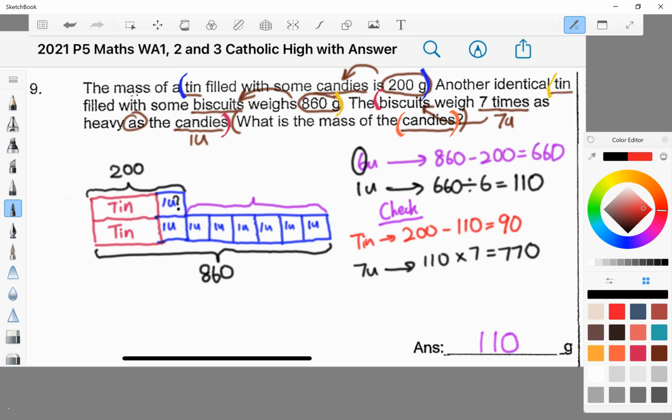And now, for the moment of truth, to find the tin, it will be 860 minus away 770. If I can get back 90 as my answer, I know that my answer for this question has got to be correct. Yes, indeed, I managed to obtain 90 for the answer.